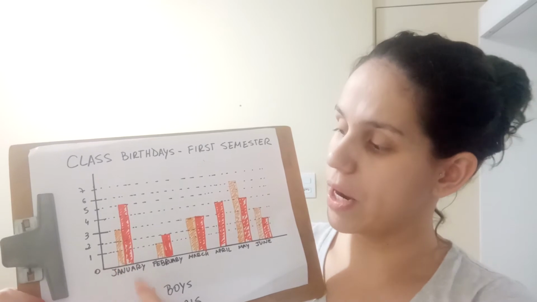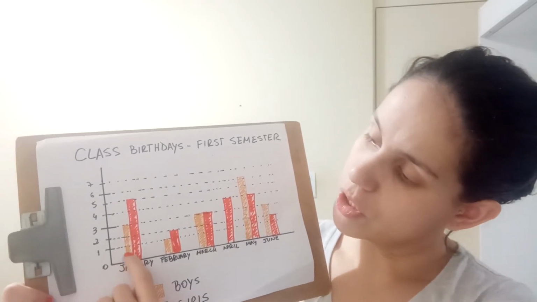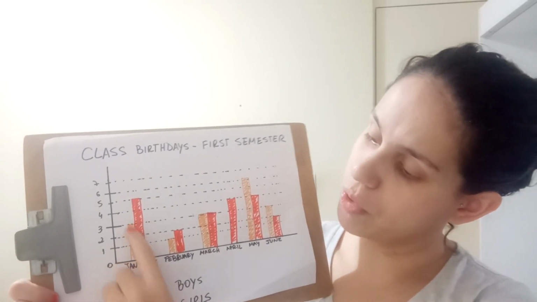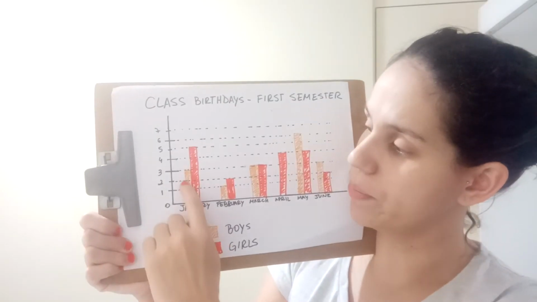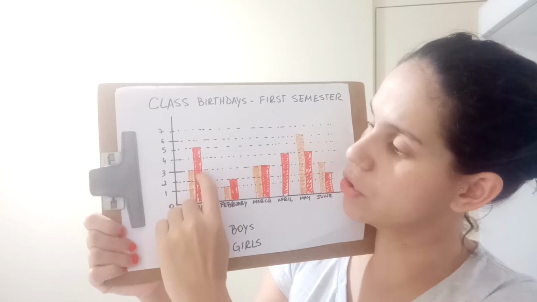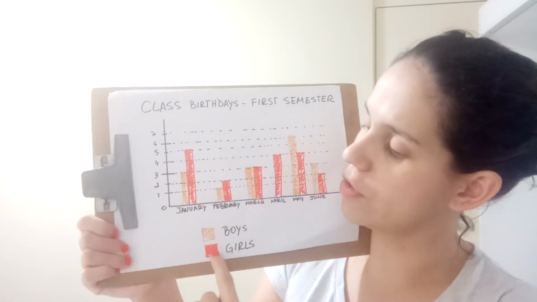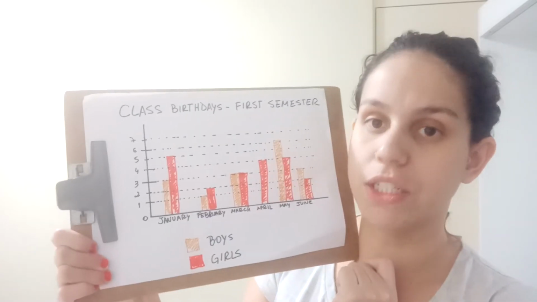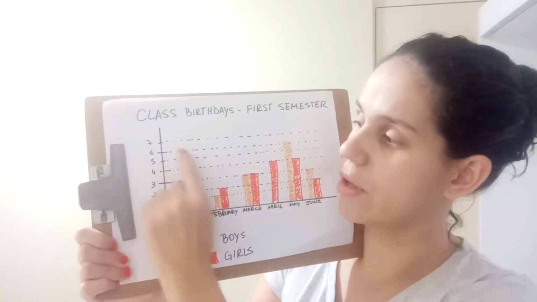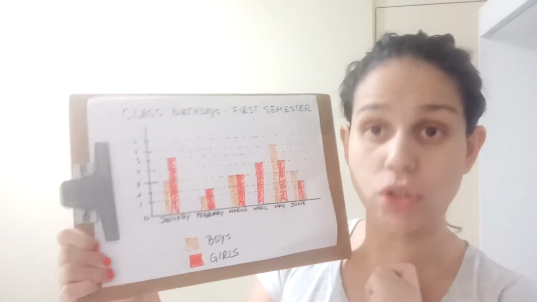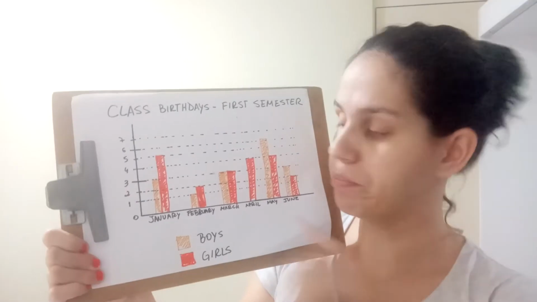So in January we have 0, 1, 2, 3 boys because it's orange, and 1, 2, 3, 4, 5 girls that it's red. So 3 plus 5, 8 students in January.